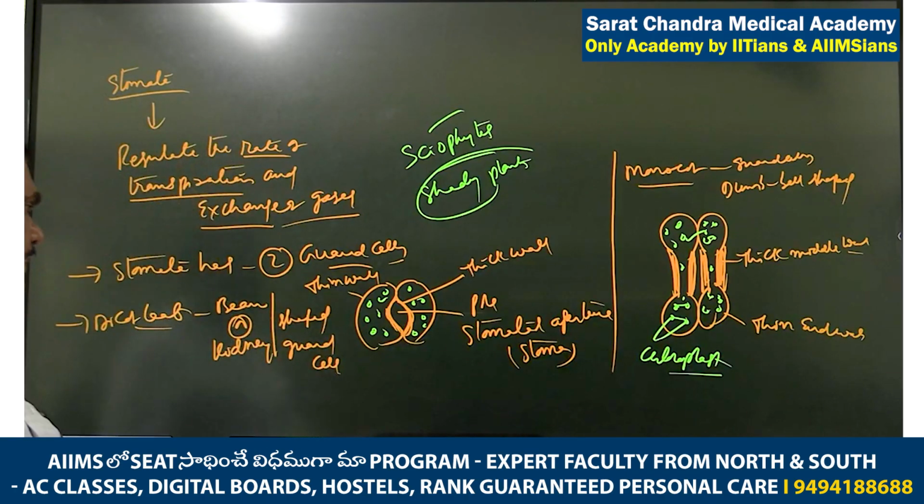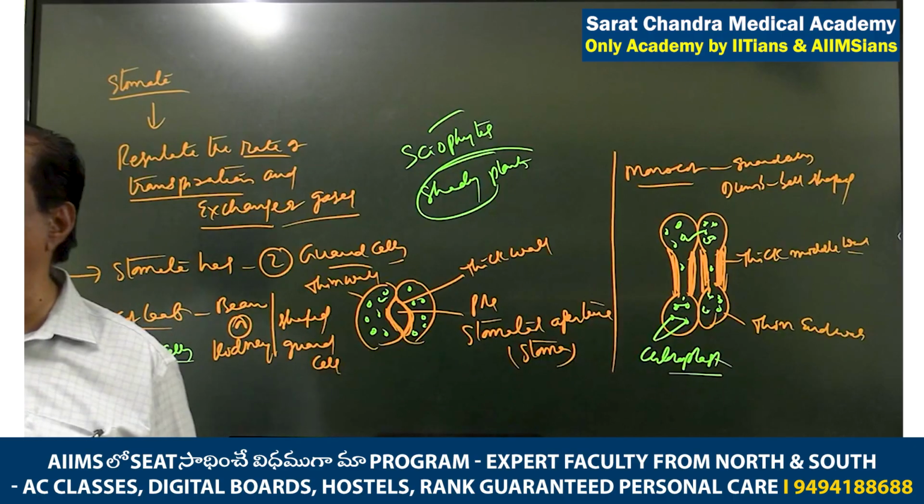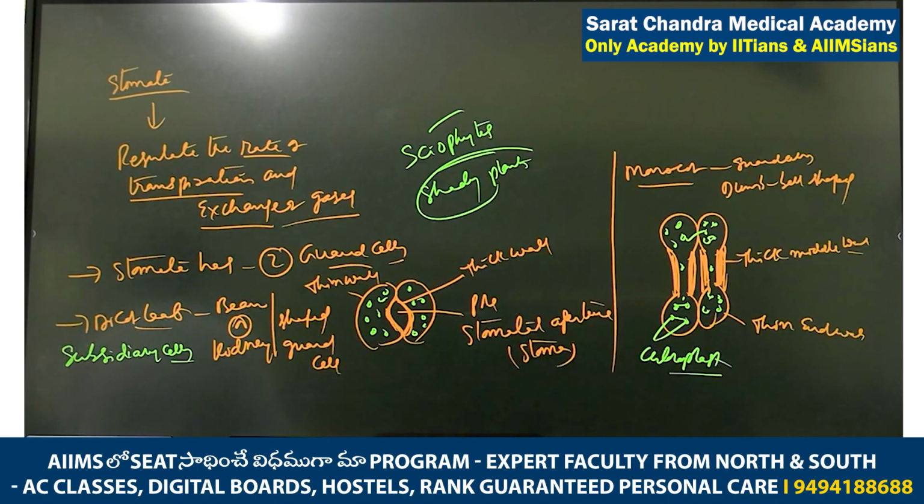So that is regarding stomata. Next, another one, subsidiary cells. What are subsidiary cells? They are also special epidermal cells like guard cells. But what is the difference between guard cells and subsidiary cells?